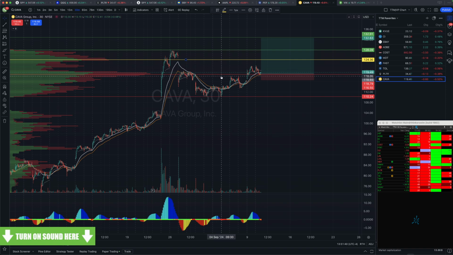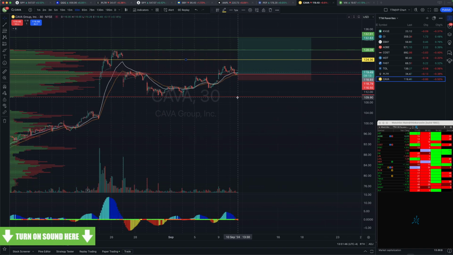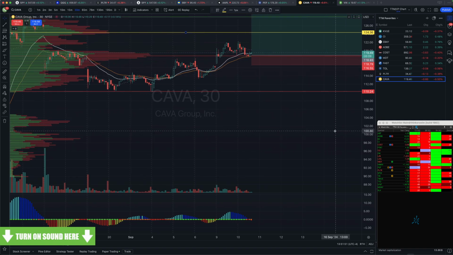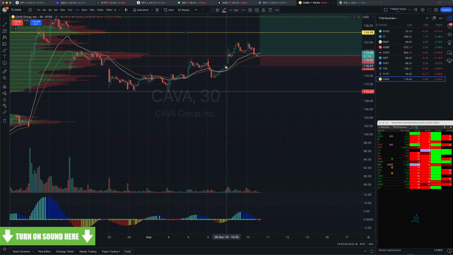This is our point of control. And then this is where it gets interesting. I'm going to use gap close. See this gap close here? Anything below that gap close will be my stop. Okay?